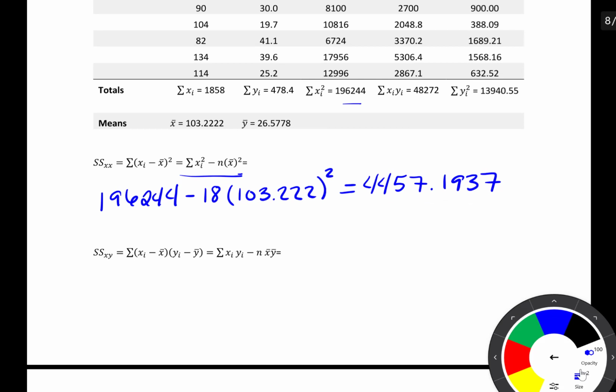We're going to do the same thing for the sum of squares xy, and again here's our formula. So the first thing we need is the sum of the x values times the y values. Notice that's given to us right here. We're going to subtract off n, which again is our sample size of 18, multiplied by the mean of the x values times the mean of the y values.